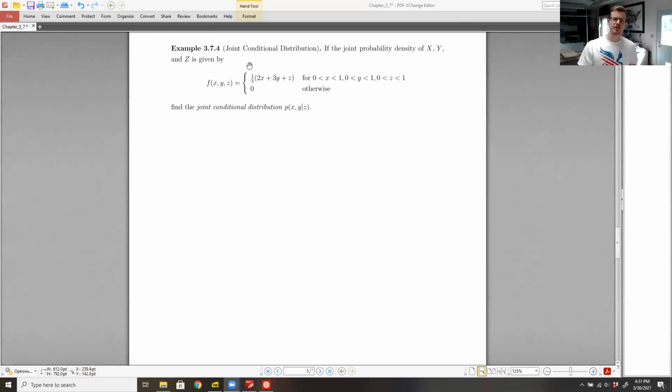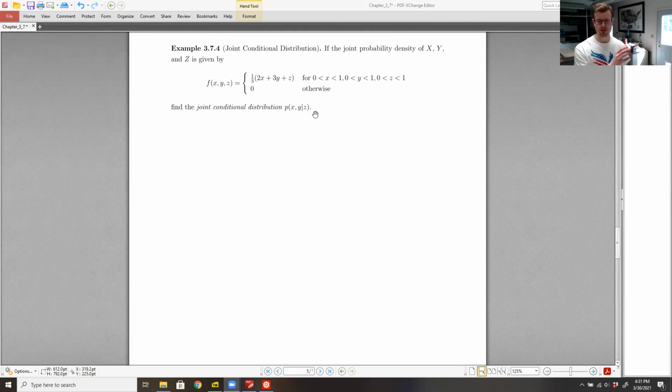So we considered this joint probability density, or this joint density function, in our last section. And what we found was, let's see here, I believe we found a joint marginal distribution. That might be correct. And what we'd like to do this time around is look at things a little bit differently. So we want to find the joint conditional distribution.